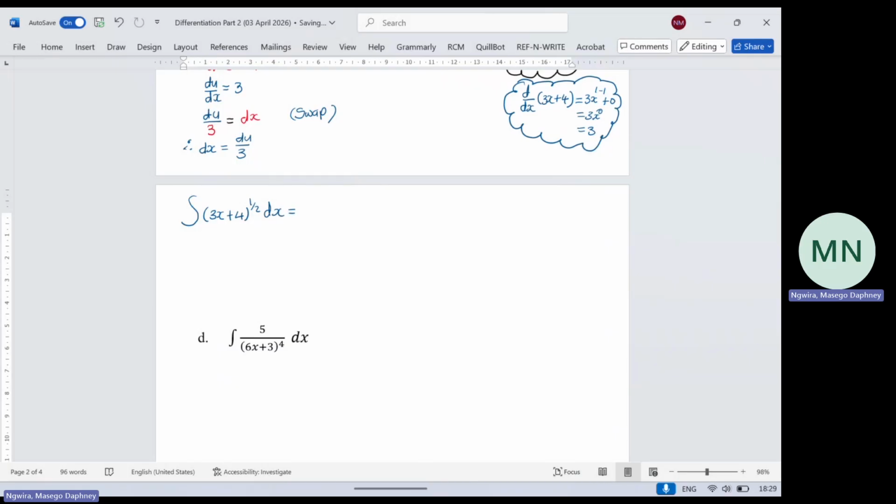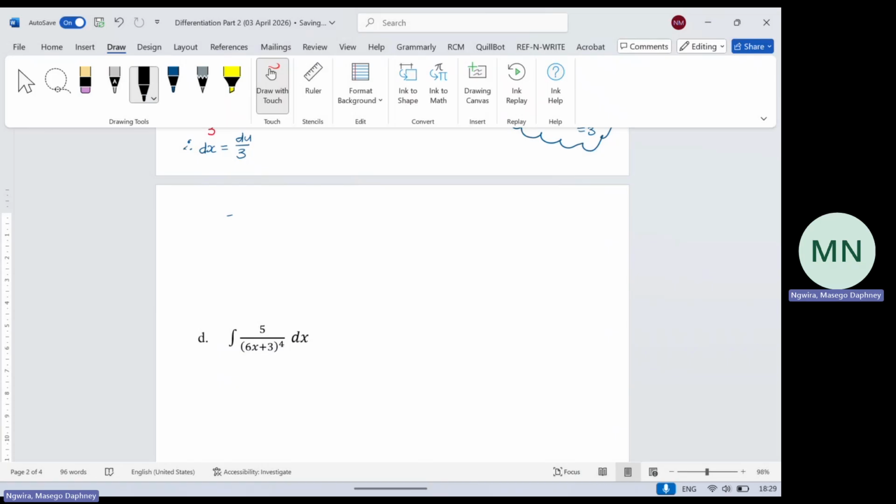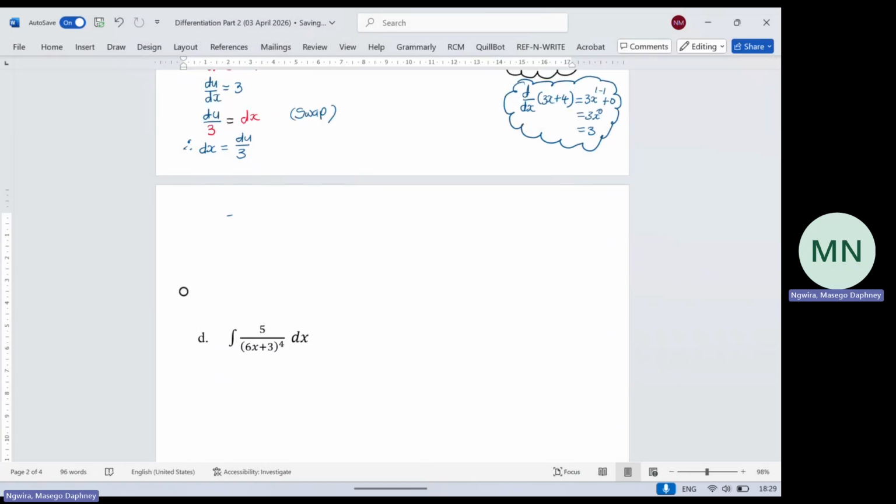So now we're going to substitute. Sorry, I just want to use a black pen so that when I use the blue, you understand, okay? So now we're going to integrate the integral of (3x + 4) to the power of 1 over 2 dx, which is equal to the integral.